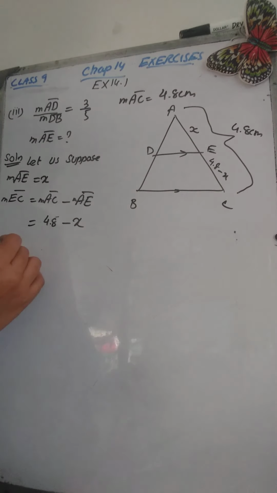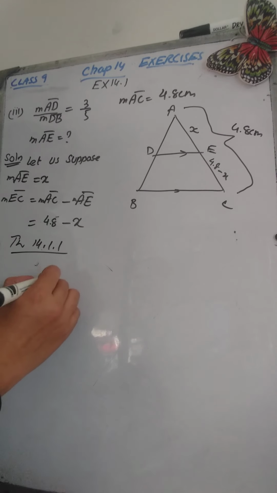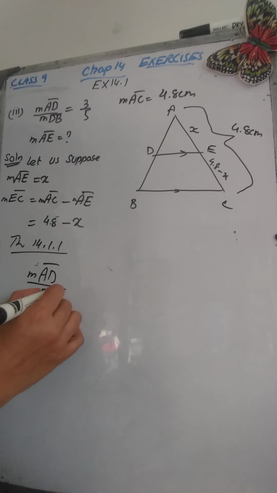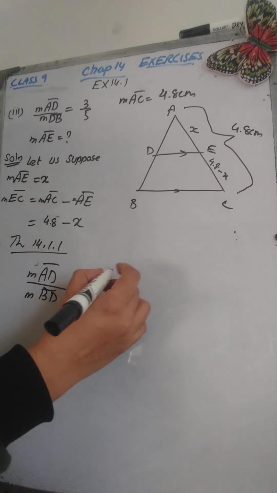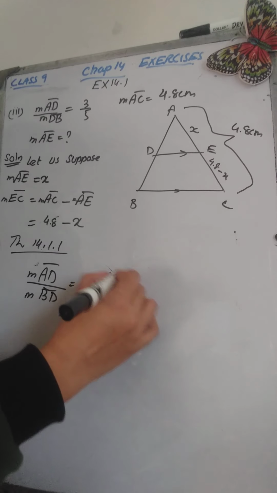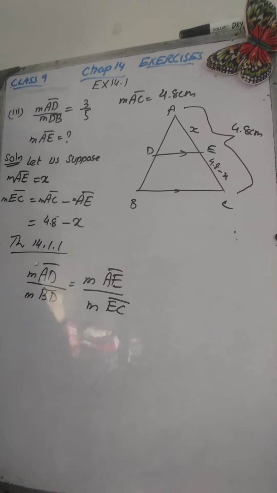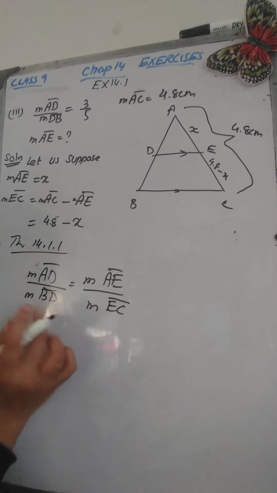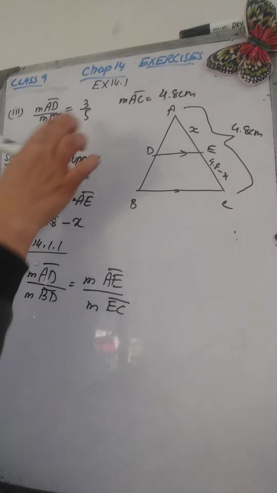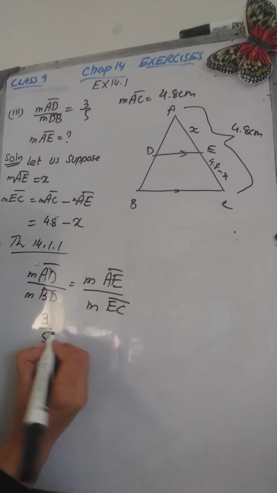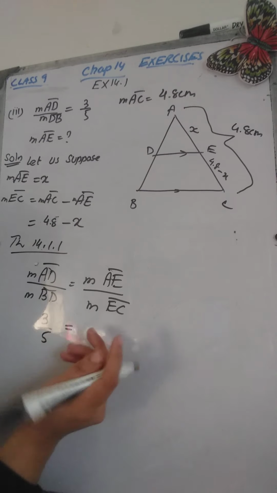Now again, using the same theorem, theorem 14.1.1, we know that measurement of AD over measurement of BD is equal to measurement of AE over measurement of EC. AD over BD, we know that this ratio is equal to 3/5, so we are going to put this whole ratio equal to 3/5, because they have given it to us.